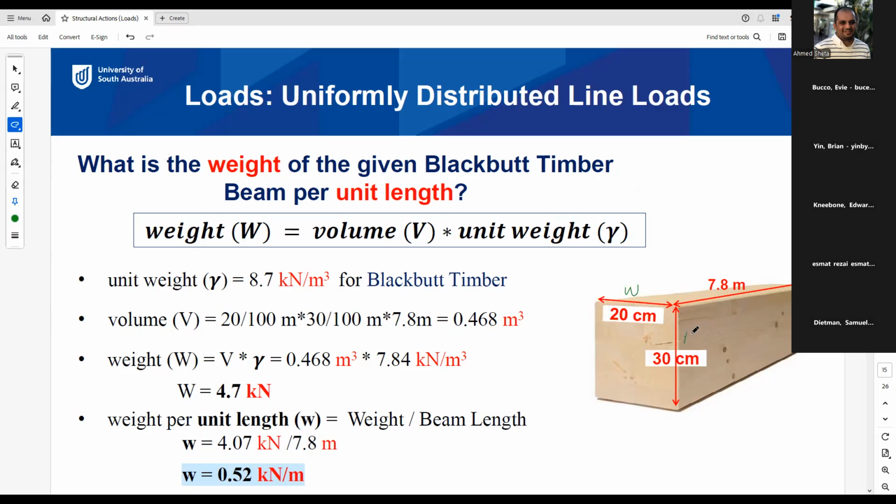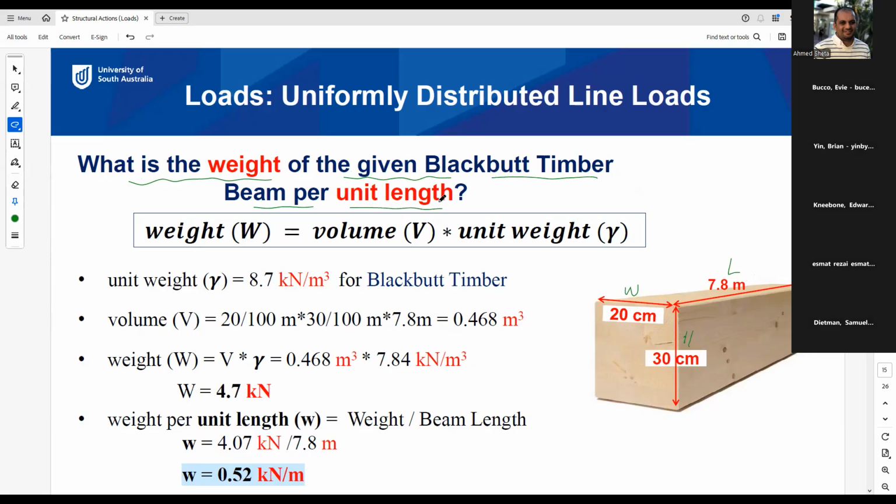The height, or the thickness, of this beam is 30 centimeters. So we have 3 dimensions of the beam: 20 centimeter, 30 centimeter, and 7.8 meter. The question is, what is the weight of the given black butt timber beam per unit length?